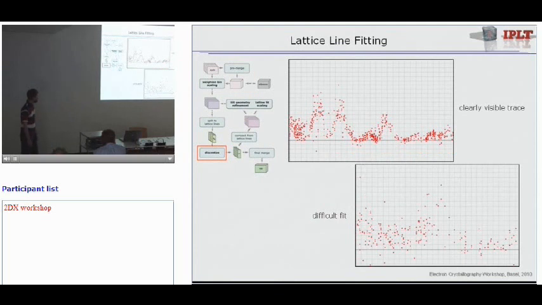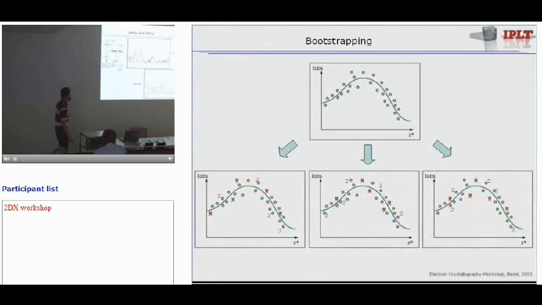Okay. So the next thing is to fit a lattice line through the data, which can be easier in some cases, and very difficult in other cases if you're at high resolution. To do the lattice line fit, what we implemented is a kind of bootstrapping method.